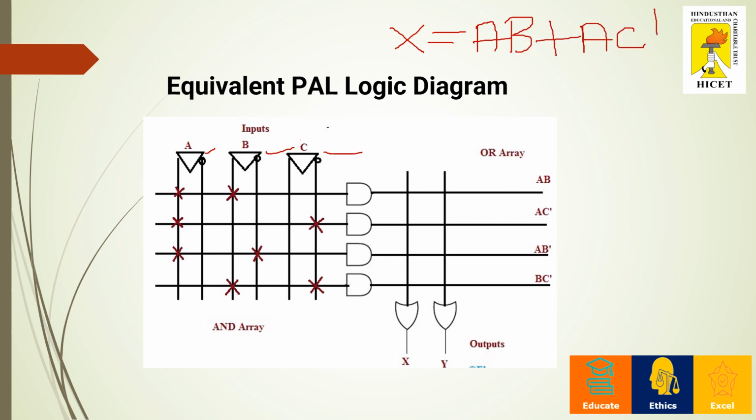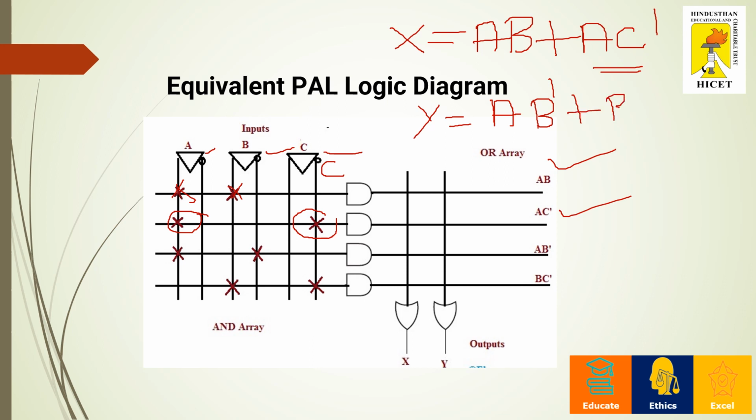So I have taken A over here, I have taken B over here, and provided them to the AND gate, hence AB. The next term is AC dash. Similarly, I have taken an input from A, and an input from the inverted form of C, which indicates C complement, AC complement. Similarly, we have an expression for Y, which is AB dash plus BC dash.